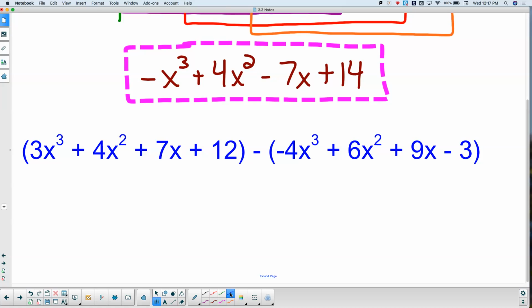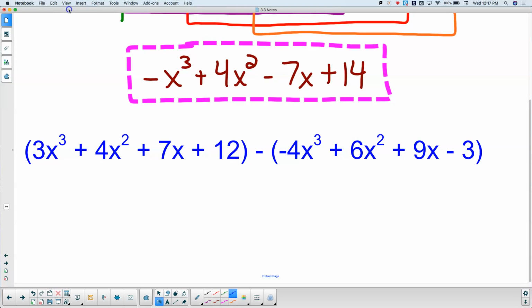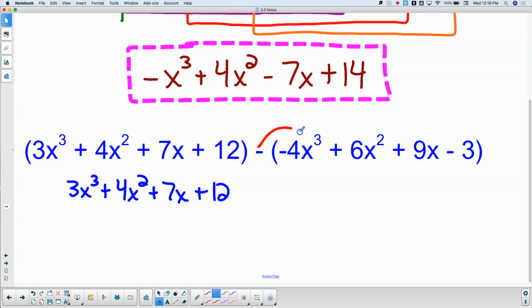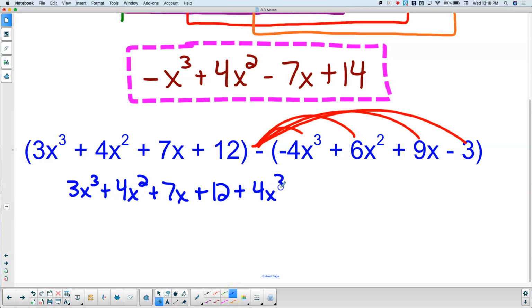So this one would still be 3x cubed plus 4x squared plus 7x plus 12. And then this negative sign has to be distributed into all of those terms. So then it becomes plus 4x cubed minus 6x squared minus 9x plus 3.